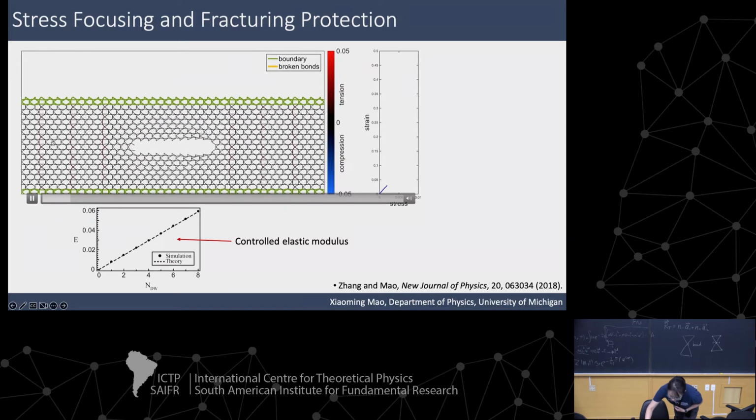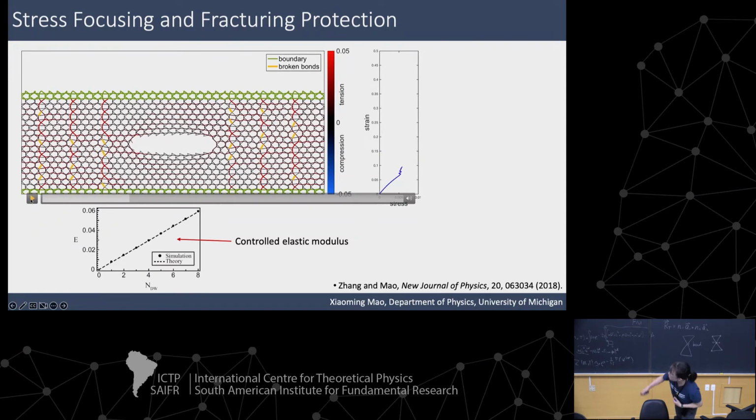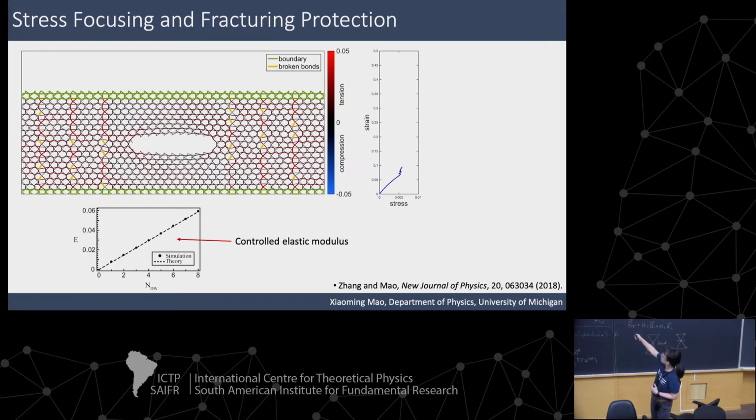So I will pause it a little bit. We put in a number of, I think, 6 states of self-stress here. And in the middle, there is a really big crack. If you do this to a normal lattice, it's going to crack from here, right, or here. But here, you show that all of the tension goes to these states of self-stress domain walls.